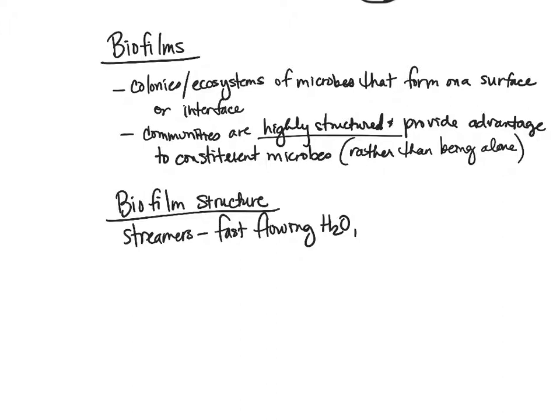So in this case, what we're talking about is there's actually an anchor. So they're anchored by what's called a head. And then the tail portion is going to flow in the current.